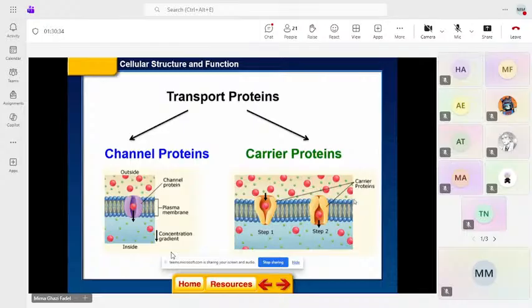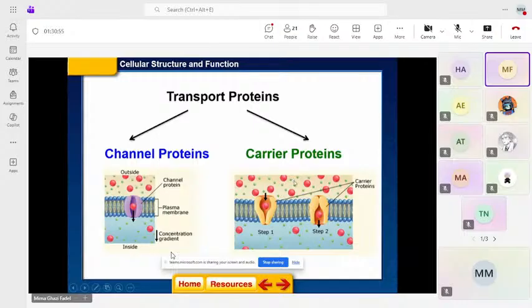Okay, so if I ask about the difference between channel and carrier protein, you should say the following. Channel protein allows only the ions to pass. This red particle for sure is an ion, Na plus or Cl minus, whatever. It's only ions.